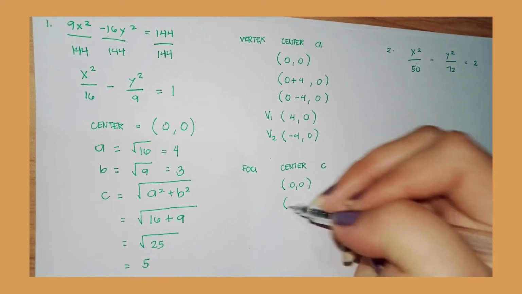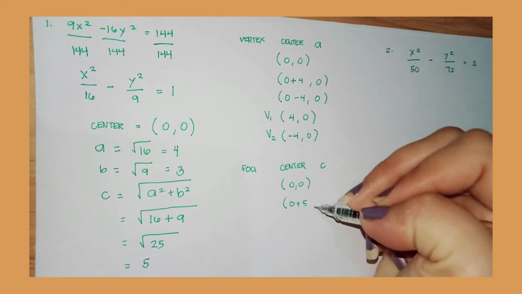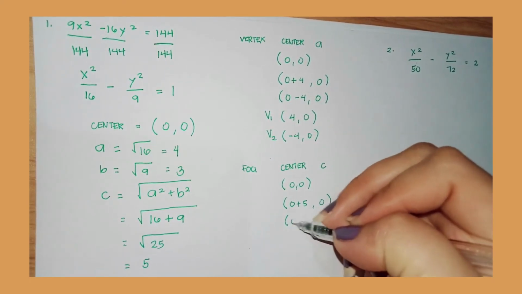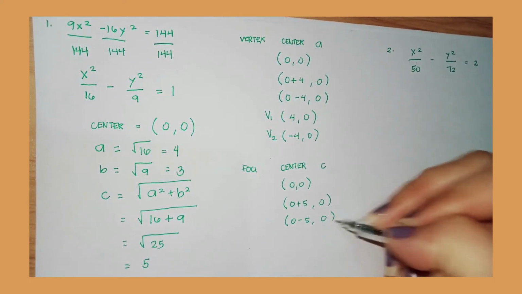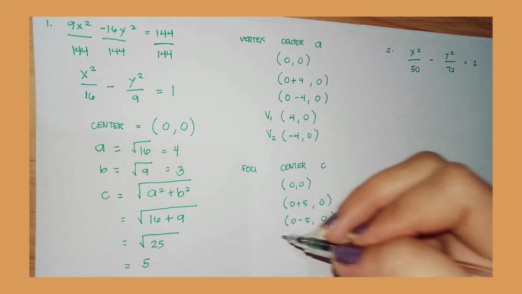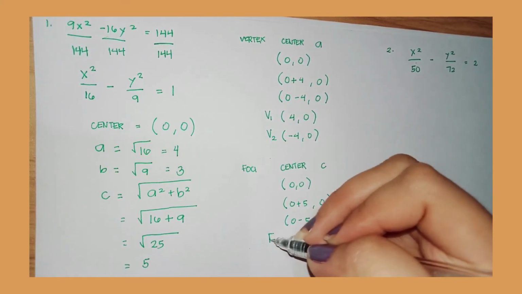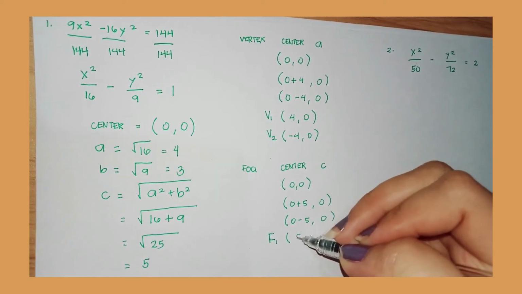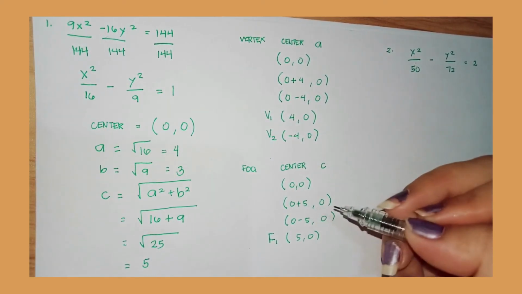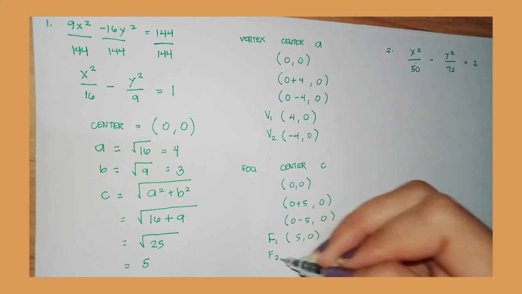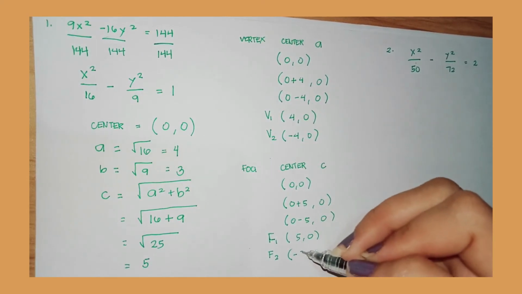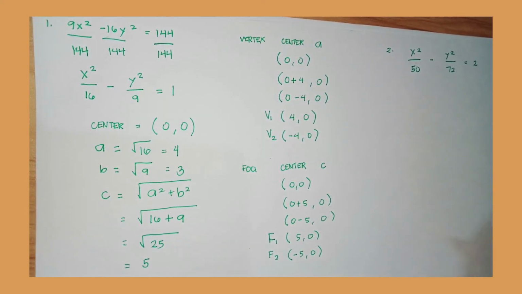So this will be 0 plus 5, copy 0. Then 0 minus 5, copy 0. So, our focus 1 is 5 and 0, because 0 plus 5. And our focus 2, 0 minus 5, that is negative 5 and 0.